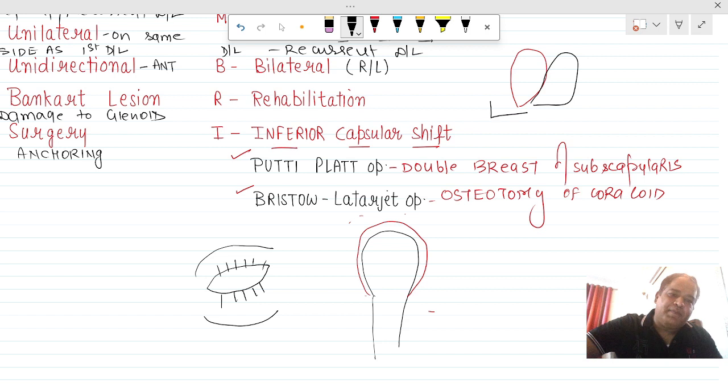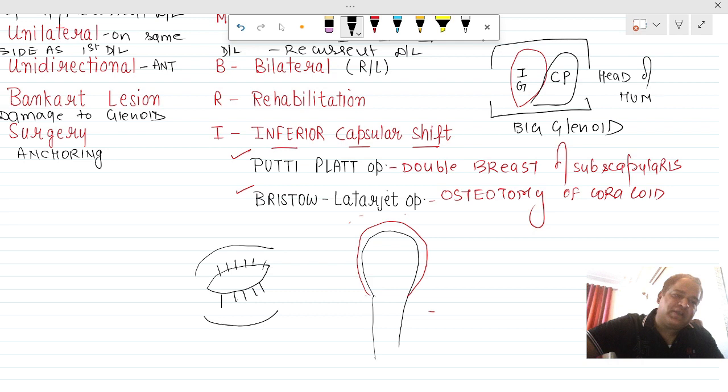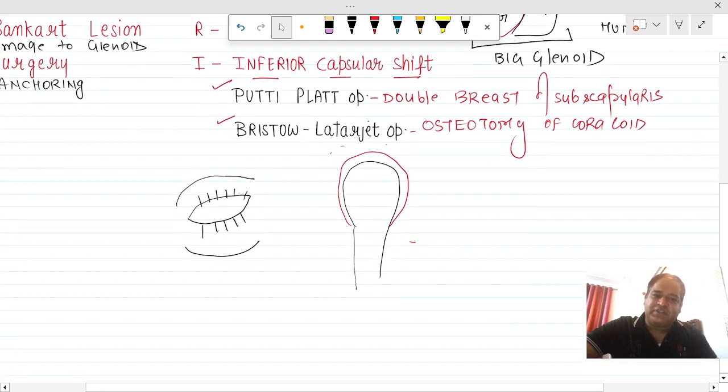So now it becomes a big glenoid. This is your initial glenoid, which is very, very small. So when you attach coracoid process, now this becomes a big glenoid cavity. This will easily fit the head of humerus.